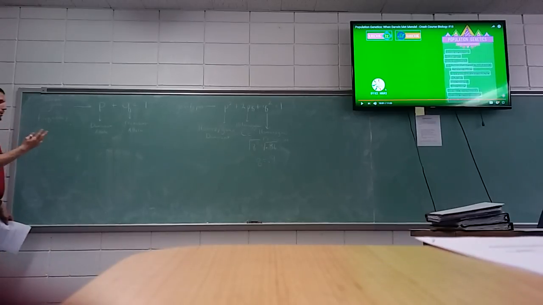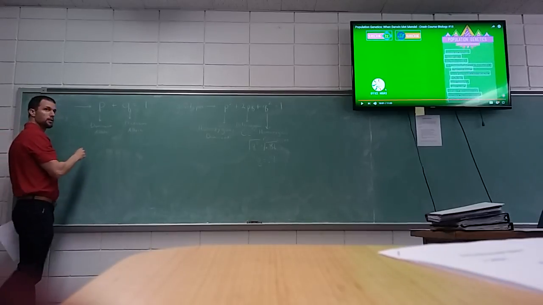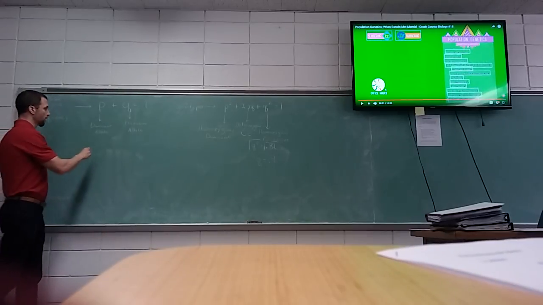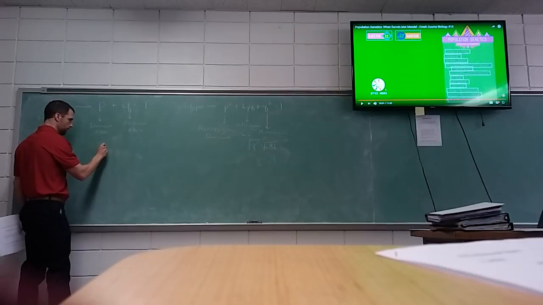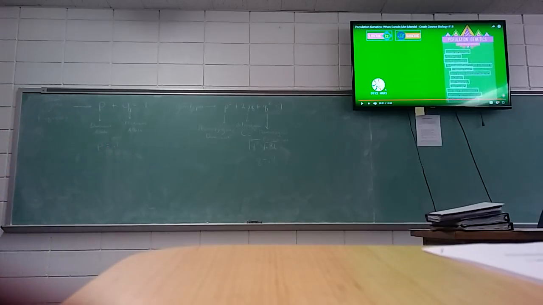So now that we know Q, what is P? 0.1. Everybody got that? Okay. So P equals 0.1. So that's 10% of this population has the dominant allele. And so how do we get homozygous dominant from that?